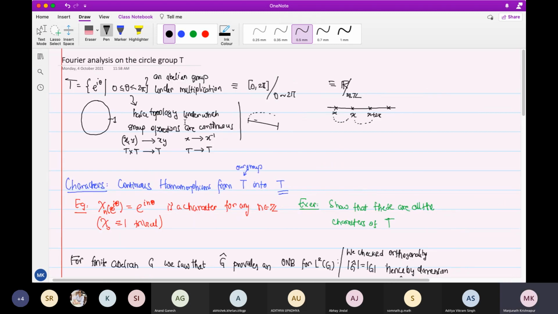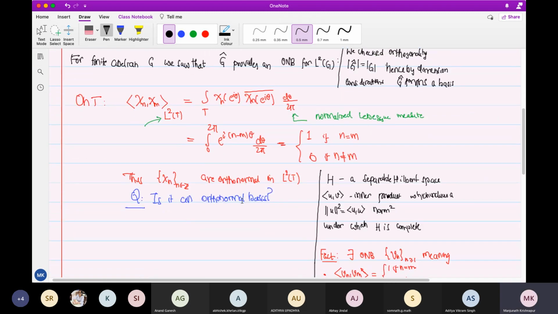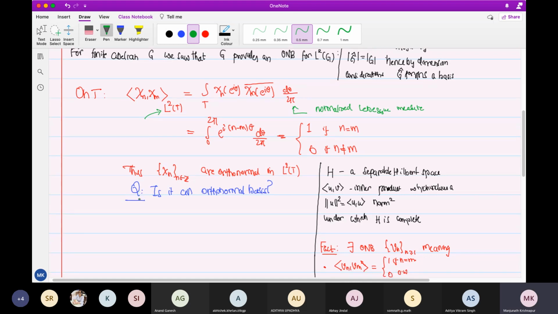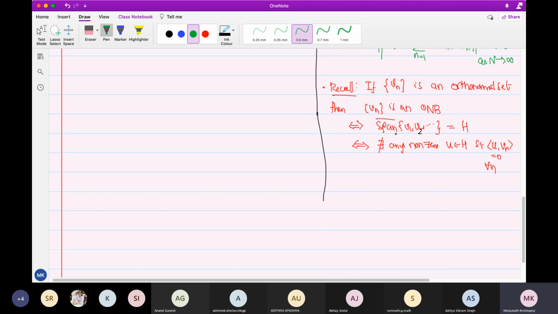Okay, so that's what this question comes back to, whether every function in L2 of T can be expanded in terms of the characters. So that's what we are asking. Can every function be expanded in terms of characters? So we can use any of these criteria.